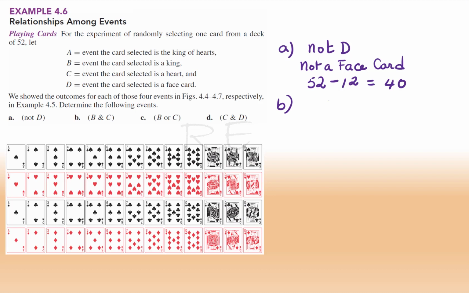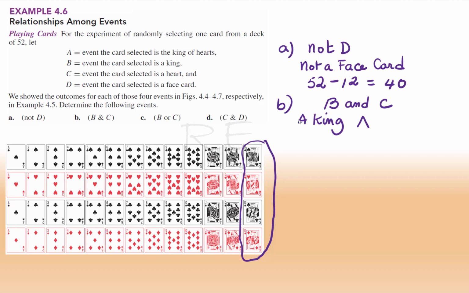B, we need B and C. The card has to be a king, and also the card has to be a heart. So we need a king. We have 4 kings. And we need a heart.